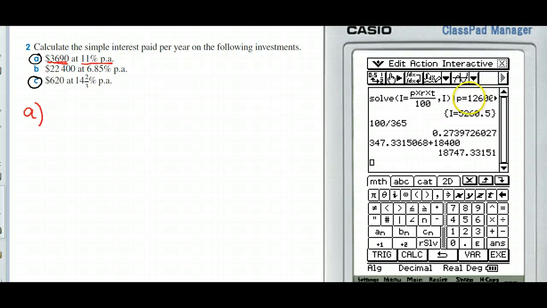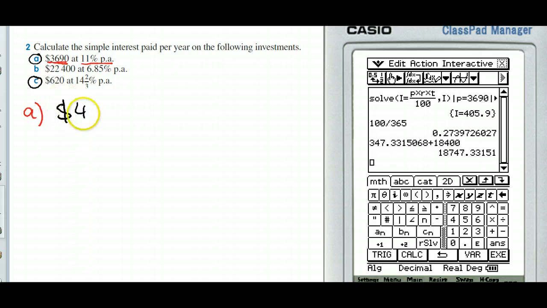We've got P equals 3690, and we've got rate equals 11%, and the time, we're doing it for 1 year. Per year means time is 1 year, and we get interest is $405.90.